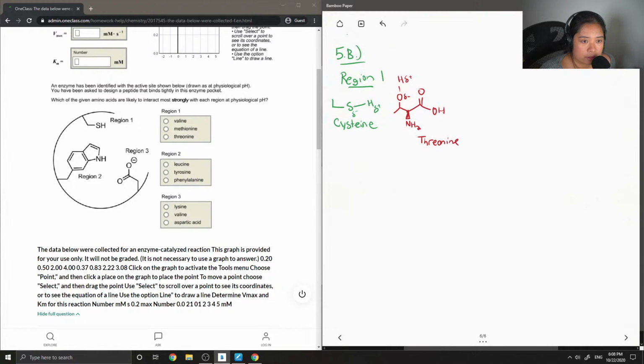So therefore, since they can form hydrogen bonds, therefore it's threonine. Okay, so now let's look at region 2.